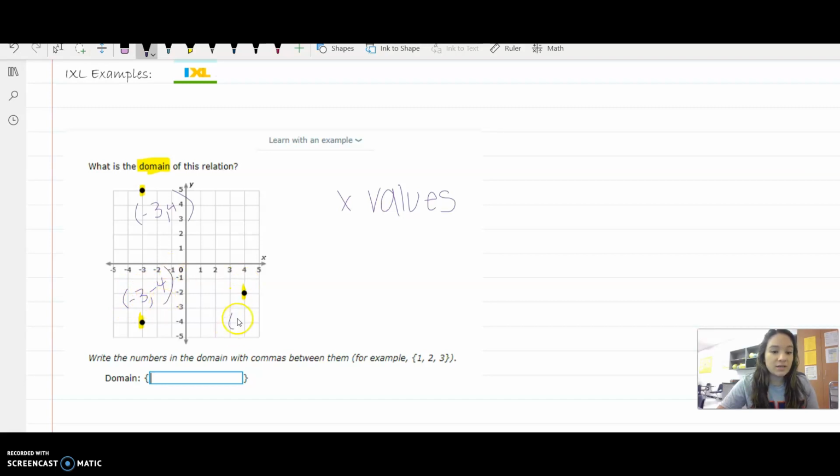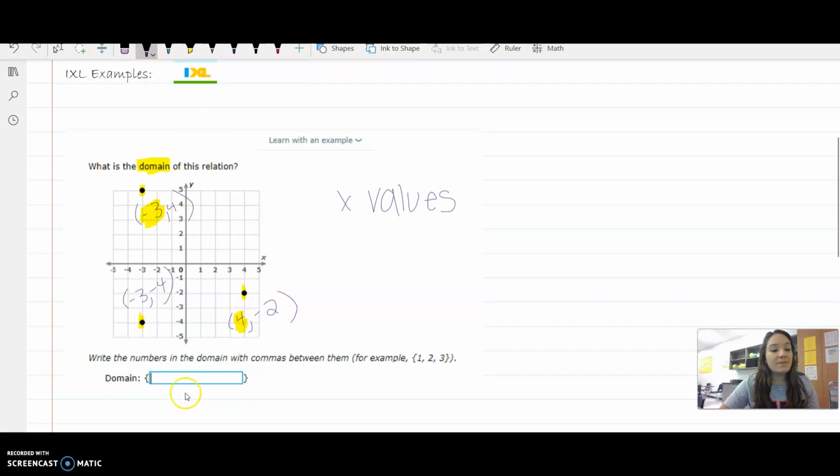And this point over here is 4, -2. Now what it's saying is, what are the X values of these points? Well, we have -3. I don't have to highlight it twice because I'm already mentioning -3, so I only need to mention it one time. And then +4.